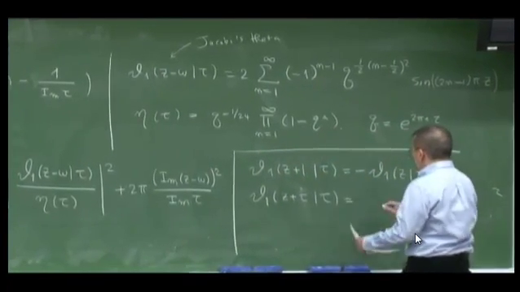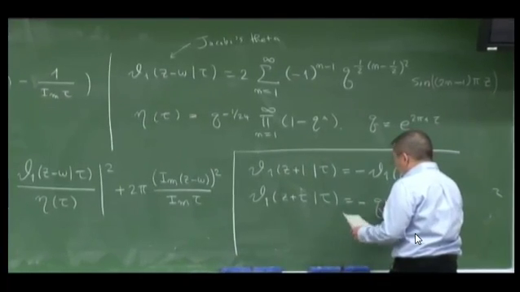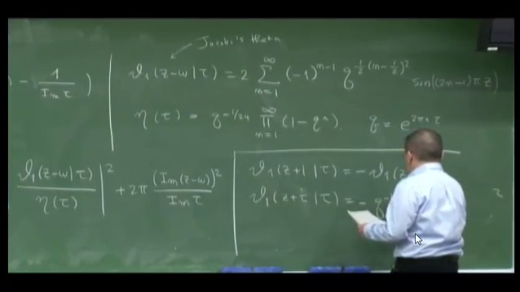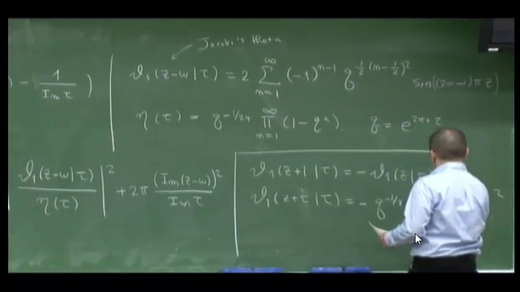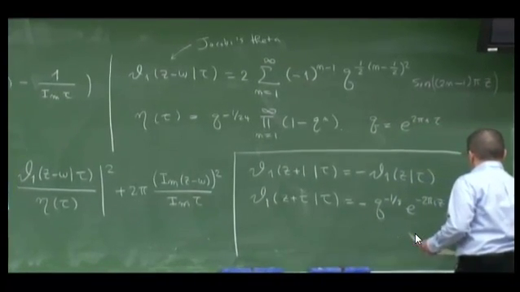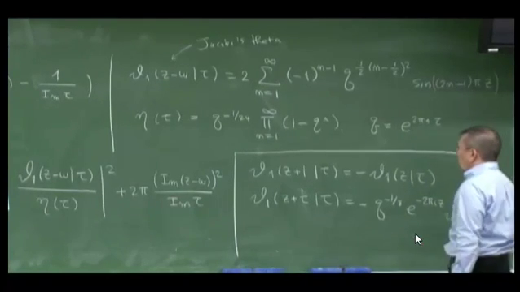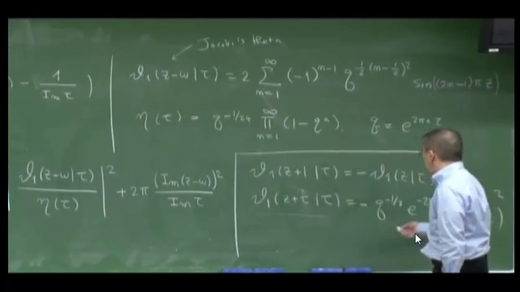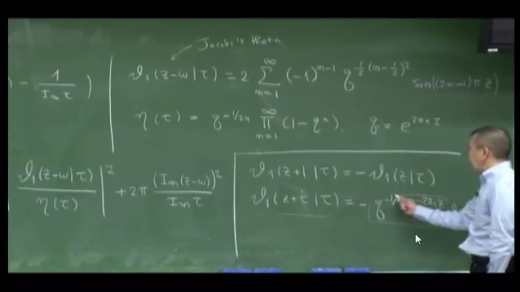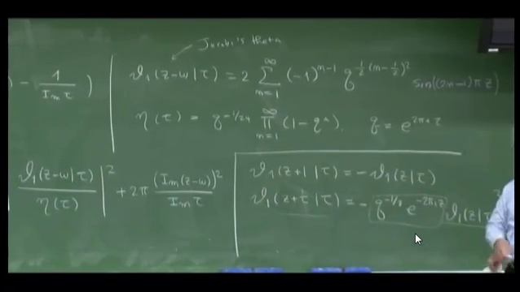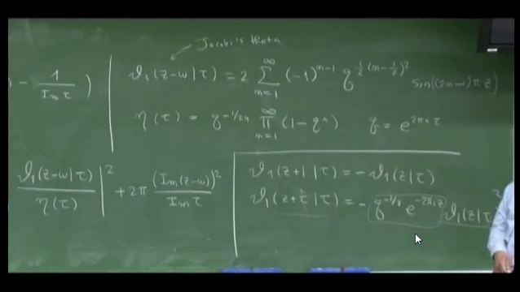Because there, it is not only a sign, but you also have various factors in front. So theta is not totally periodic, but it gives rise to a factor like this when you shift the variable from z to z plus tau.